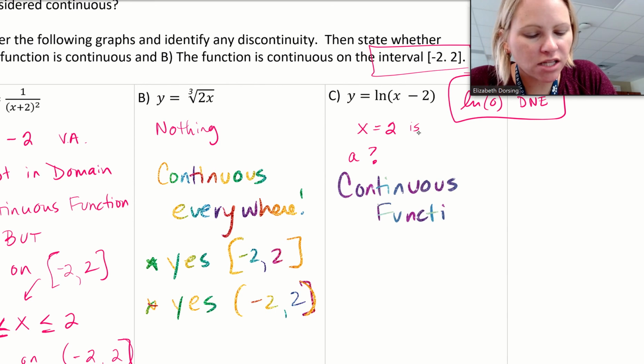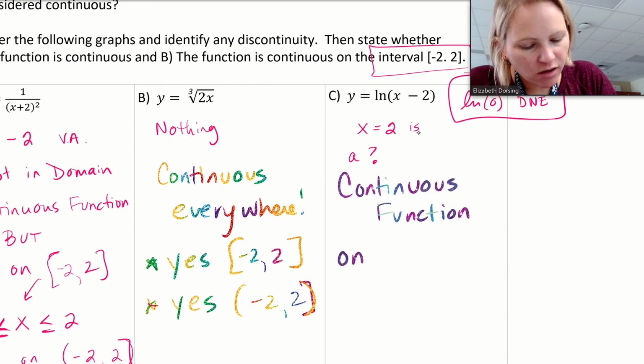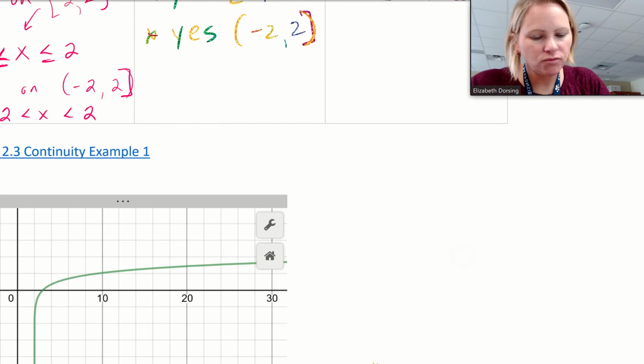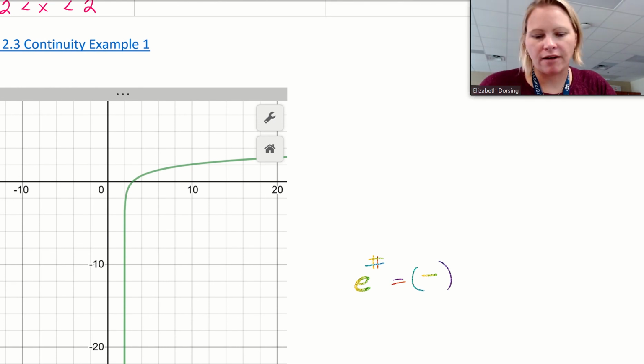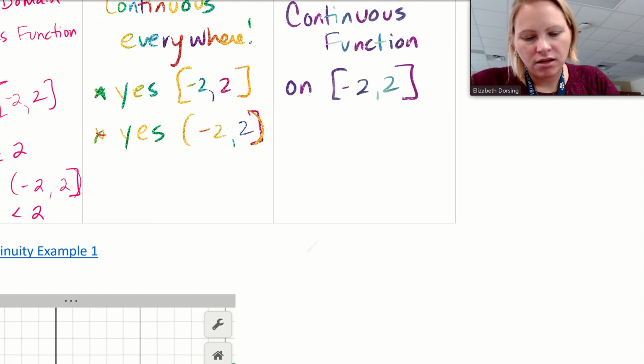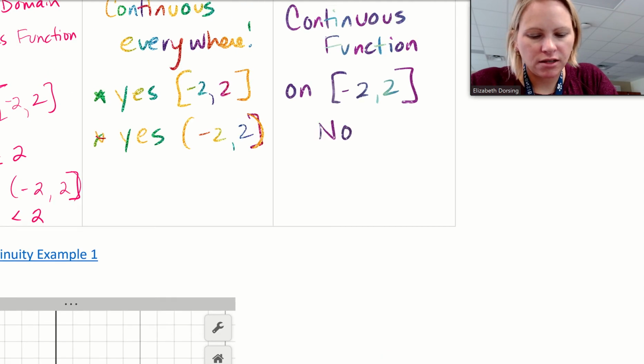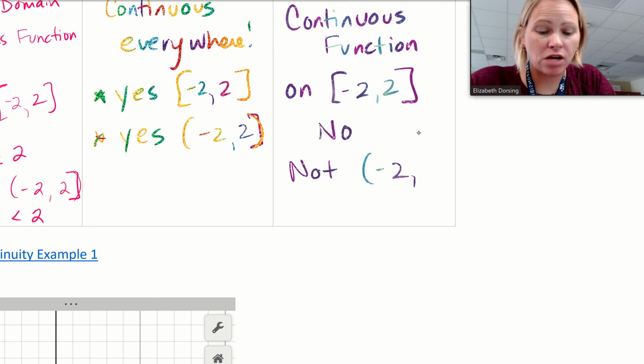But now let's look at the intervals. On the closed interval, negative 2 to 2, what's happening? Well, on the closed interval, negative 2 to 2, there's no function, there's no graph. So there's no way. So that also means that it's also not continuous on the open interval.